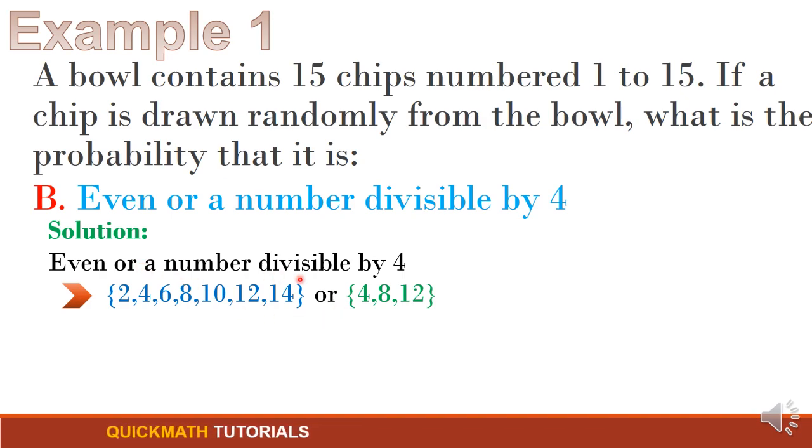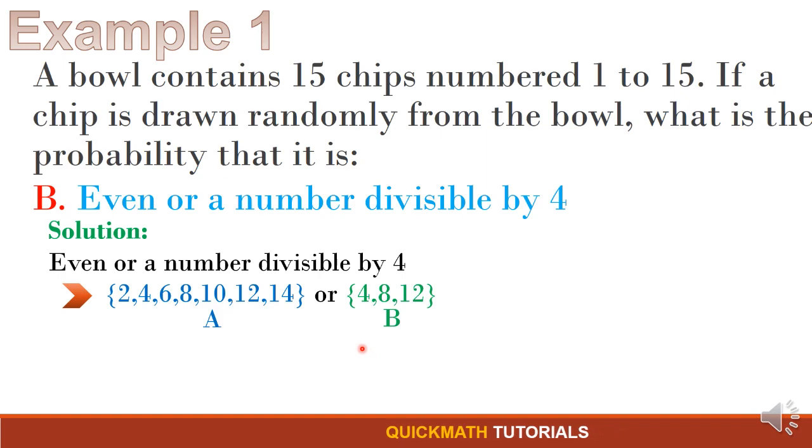Or for our second event, we have a number divisible by 4, or a number that can be divided by 4, so we have 4, 8, 12. We can note that the first event will be our event A, and the second will be our event B. For our next step, let's identify if these two events are mutually exclusive or not mutually exclusive.